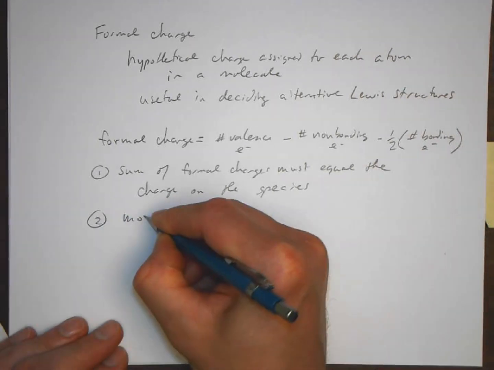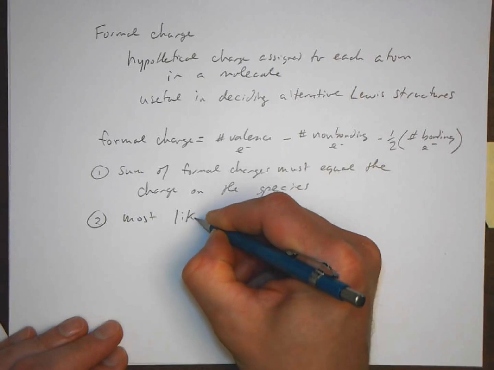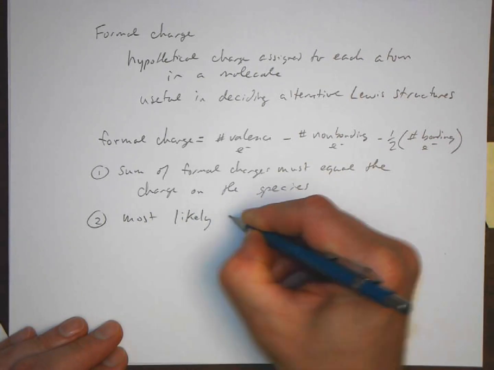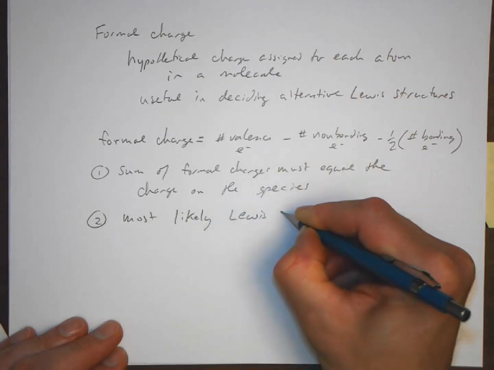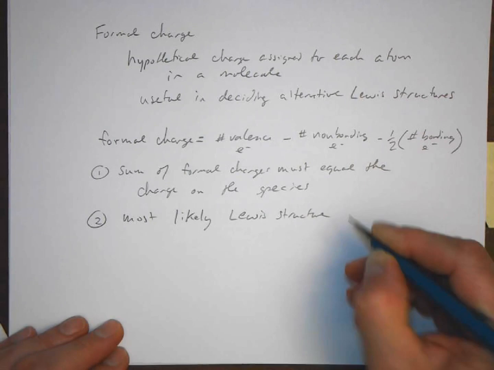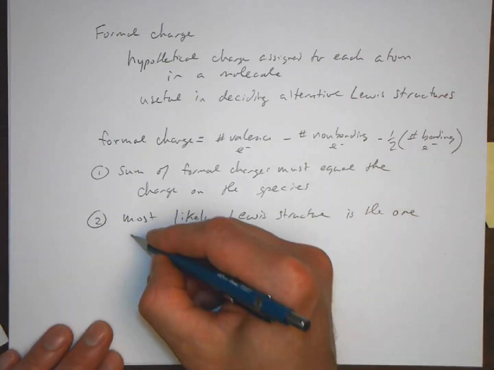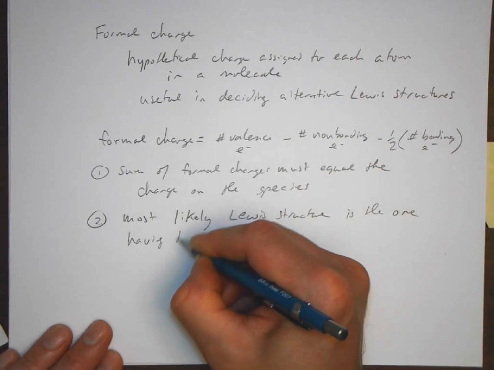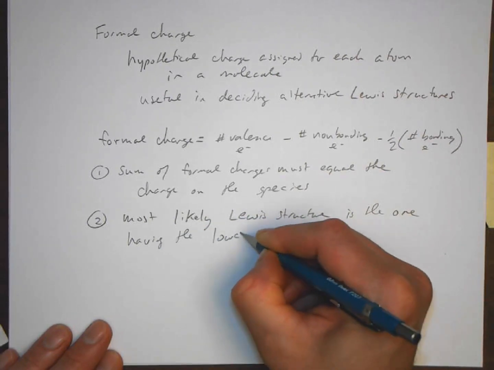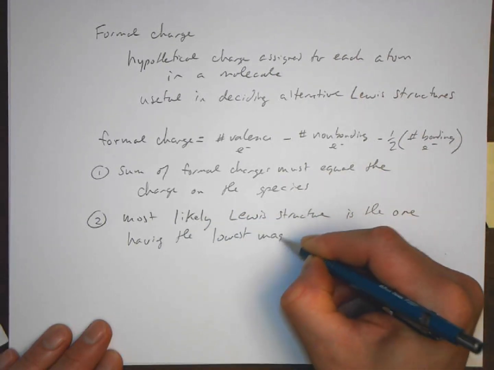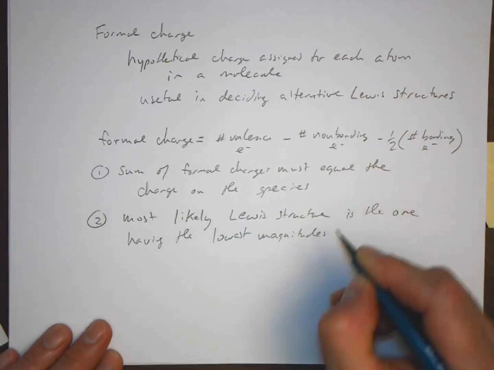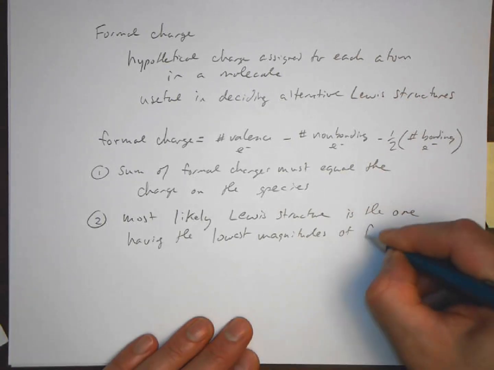The most likely Lewis structure is the one having the lowest magnitudes of formal charges.